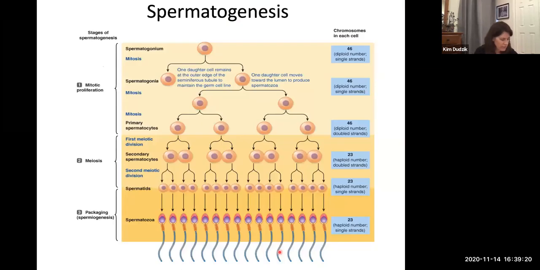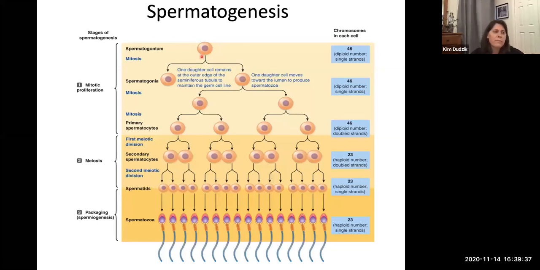Okay, so let's get into spermatogenesis, because that's the part we want to get into with physiology. So again, the creation of the sperm inside of the seminiferous tubules starts with a spermatogonium.